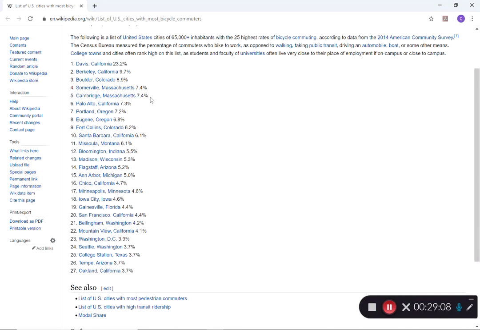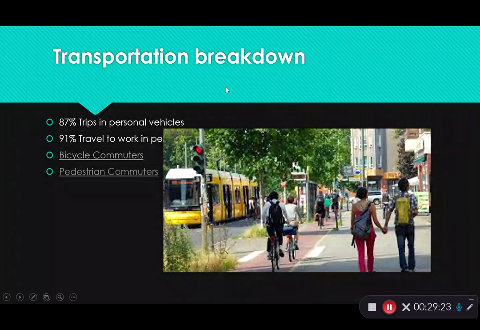Cambridge is where Harvard, MIT, a lot of schools are there. And so you can see, obviously Fort Collins, Colorado has Colorado State. So a significant number of these big cities with high rates of bicycle commuters are actually college towns. And so obviously college kids are more likely to ride than other people.